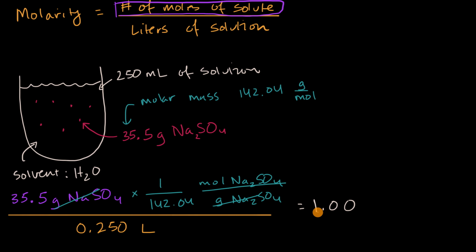You might say, what is the unit here? What people will normally say is this is 1.00 molar. When you see this capital M, that is the unit for molarity, but they're really talking about the number of moles of solute per liter of solution. And we are done.